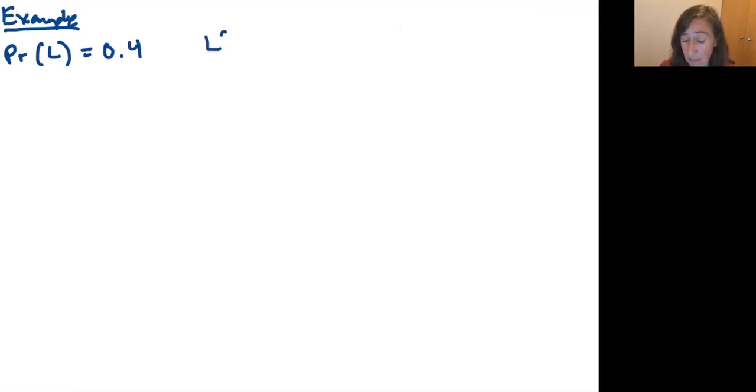So the complement of liberal is conservative, and what that means, I'm going to switch color here, because the stuff in red is things that we're inferring, is that the probability of being conservative is 0.6.